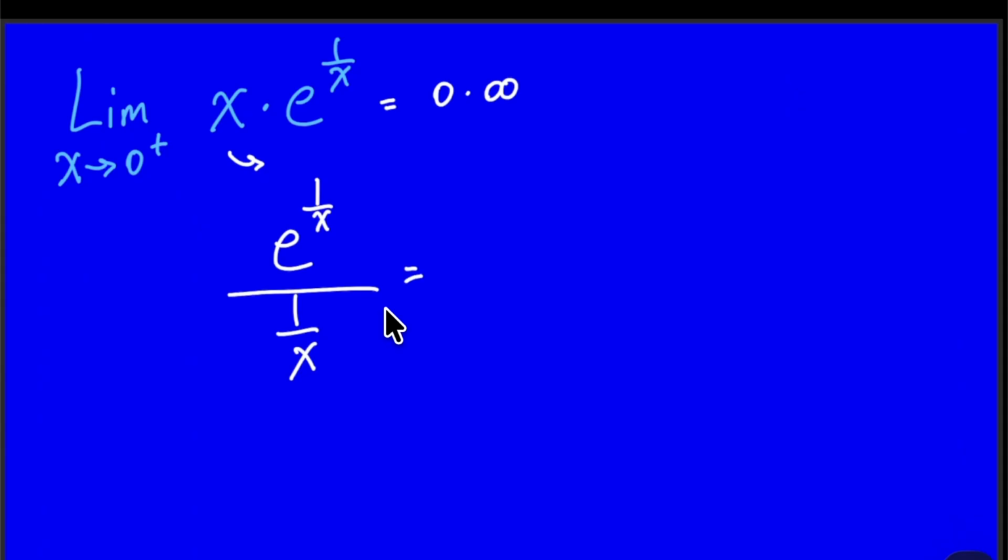Derivative of e to anything, you just rewrite it. Then we're going to take the derivative of the exponent. If you think of this as x to the minus 1, we're going to have a negative out front and it becomes x to the negative 2. And finally, we do ln of the base. Ln of e is just 1.